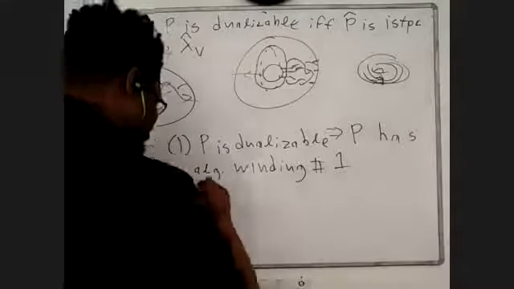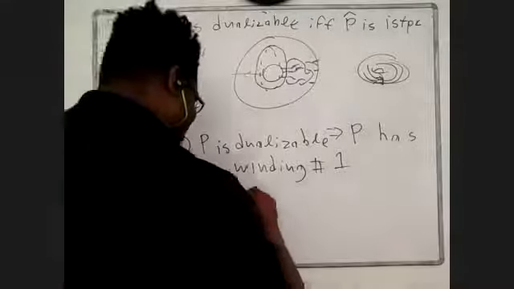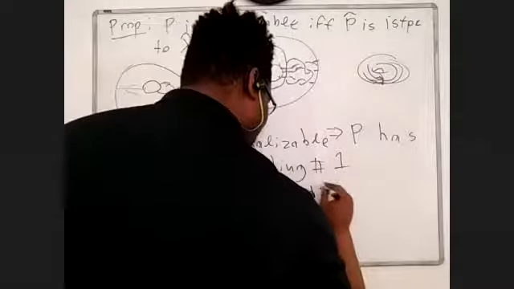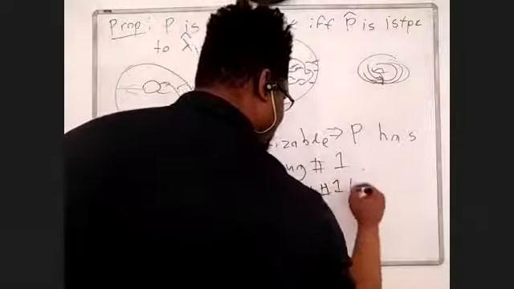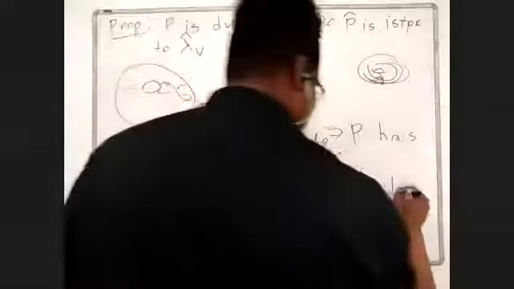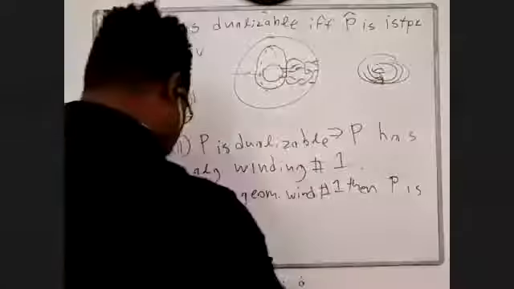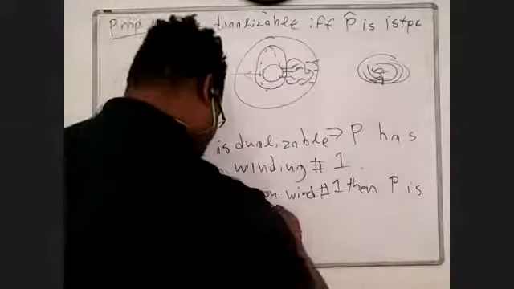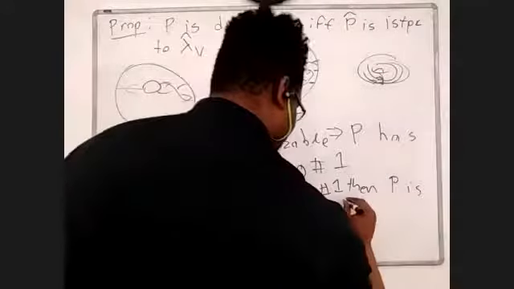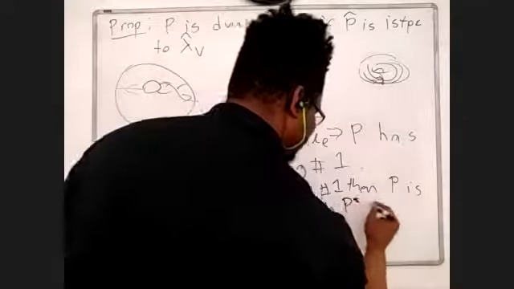And secondly, if P has geometric winding number 1, then we have that P is dualizable. And the dual is just itself.